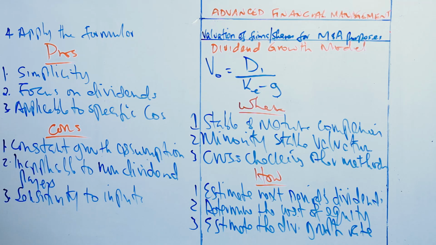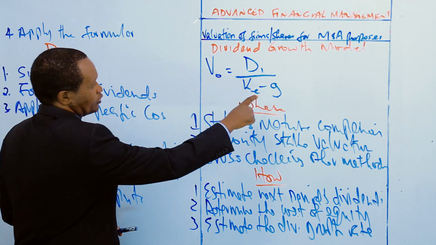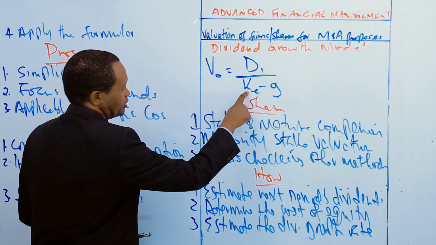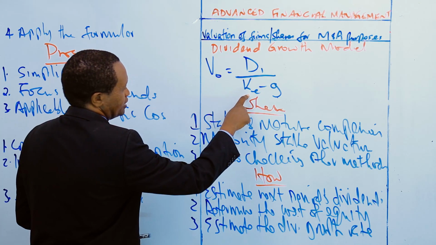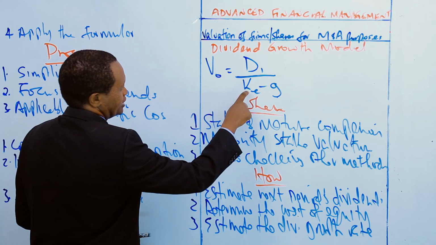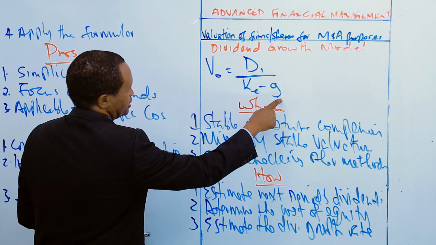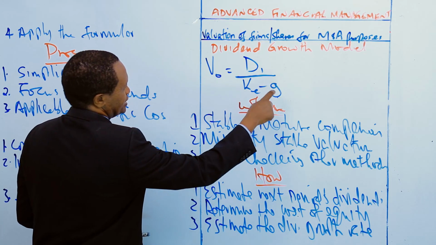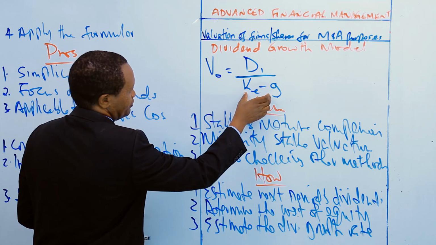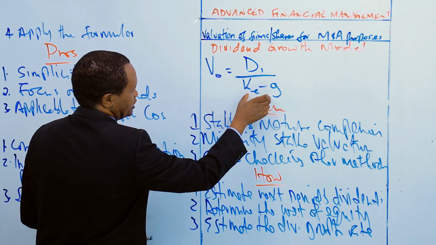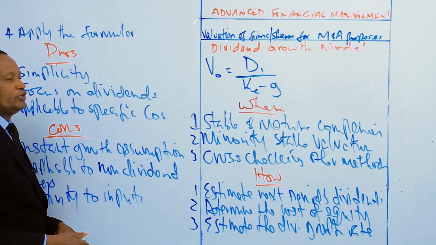If the growth rate approaches the cost of equity. If the cost of equity is say 10%, and the growth rate moves towards 10%, then the formula will break down, because here you may have D naught over 0, and then the formula may not be useful at all.